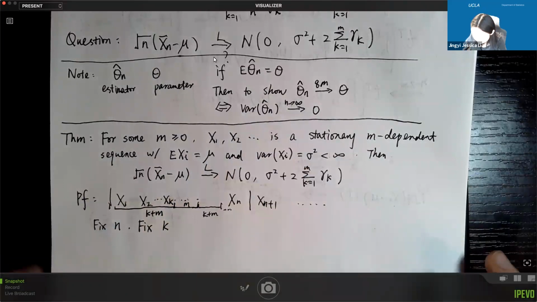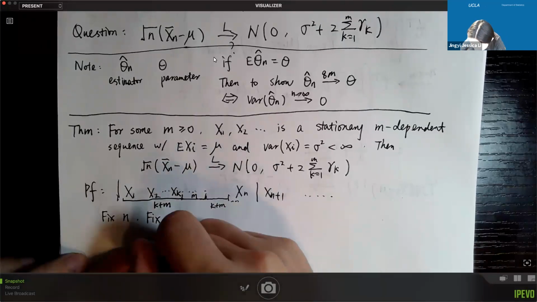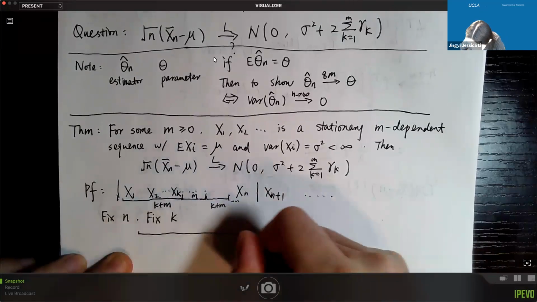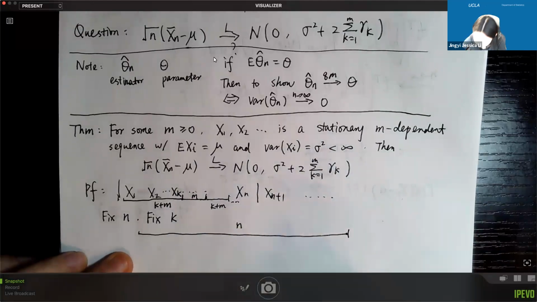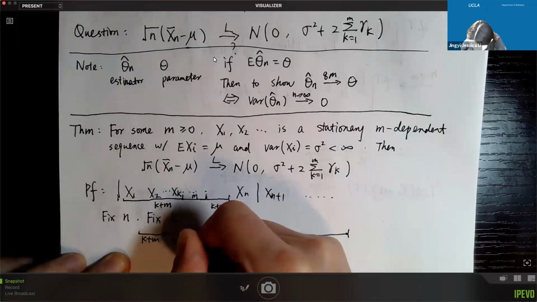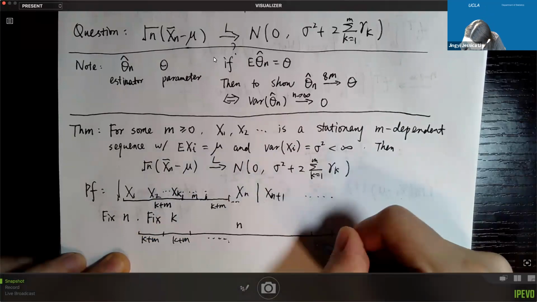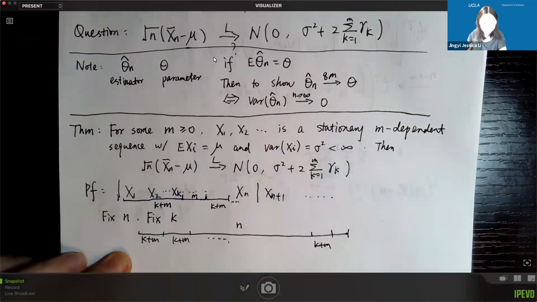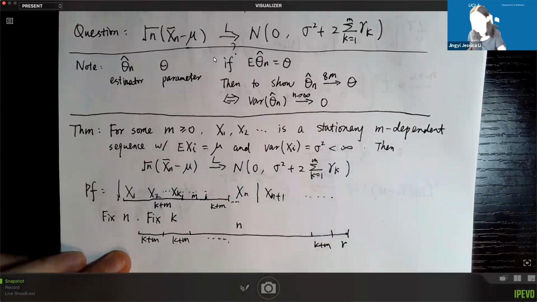So maybe I can rewrite it here: let's say this is a length n, and I'm going to divide it into k plus m, and so on. And here, probably this is the last k plus m. And what's left here, I call a remainder of length r.